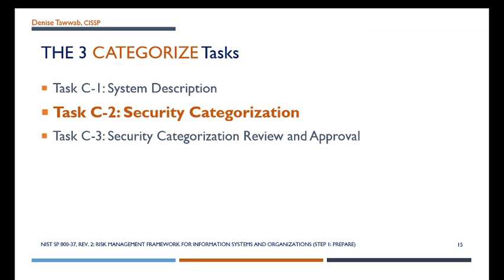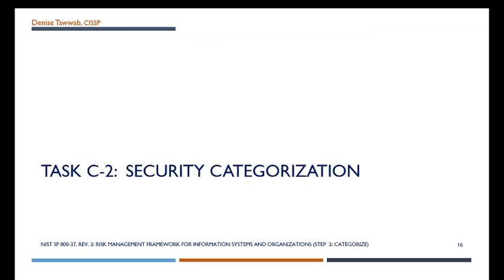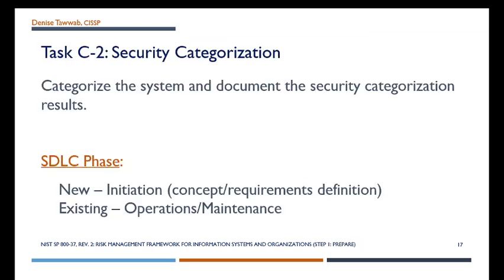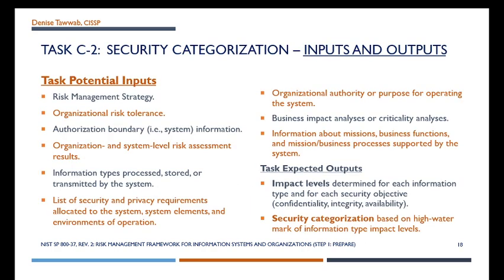Next up is task C2, security categorization. In task C2, you categorize the system and you document the security categorization results. Potential inputs to the security categorization task is your risk management strategy.